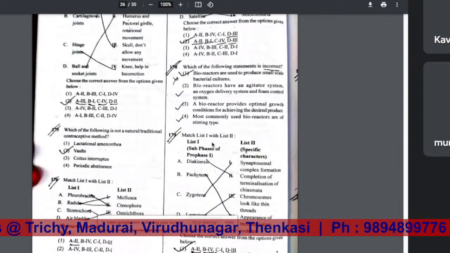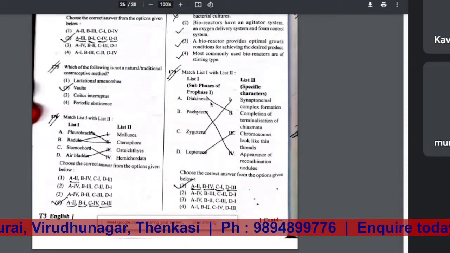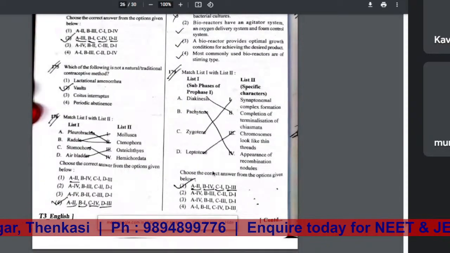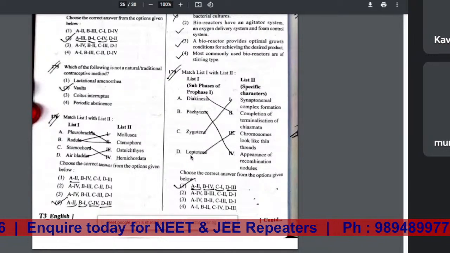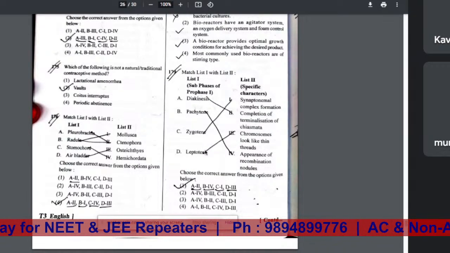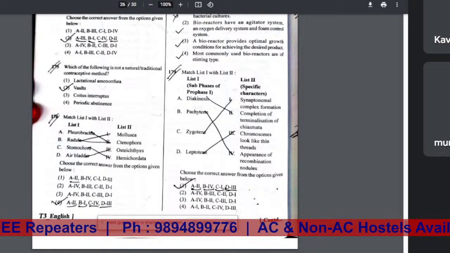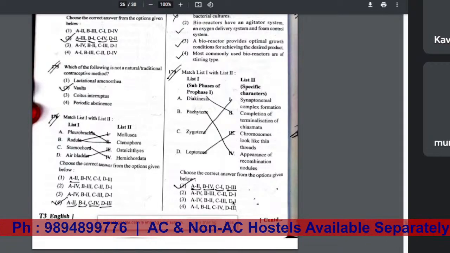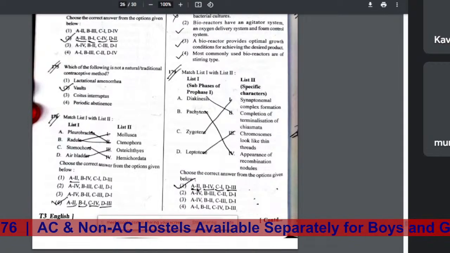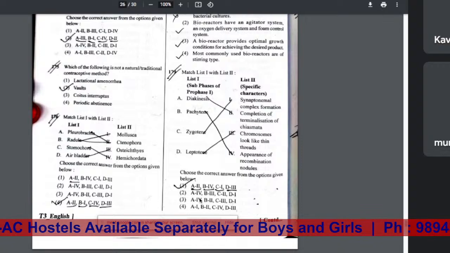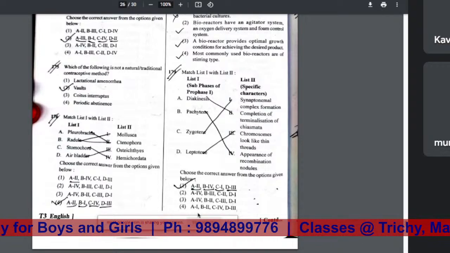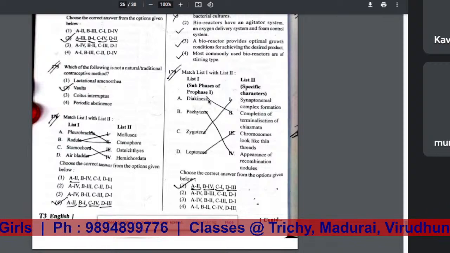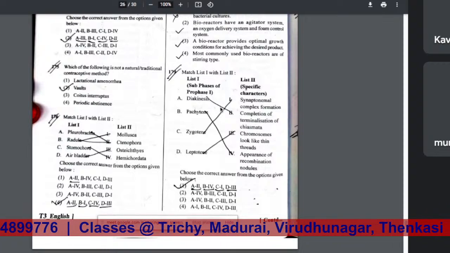And then moving on to the next question. This is taken from your cell cycle and cell division. You should know that leptotene means thin threads. So the moment you know that D is 3, you should be able to narrow down to 1 or 4. Looking at the first option, A, you have to determine whether it's 2 or 1. Diakinesis is basically separation.